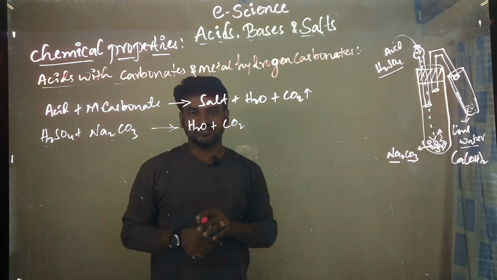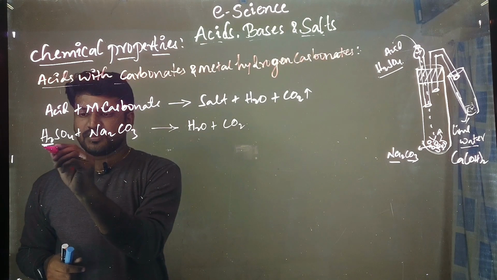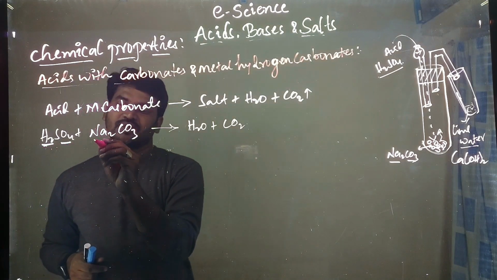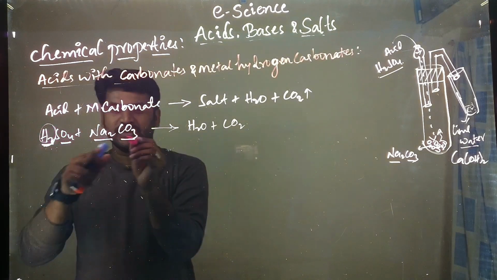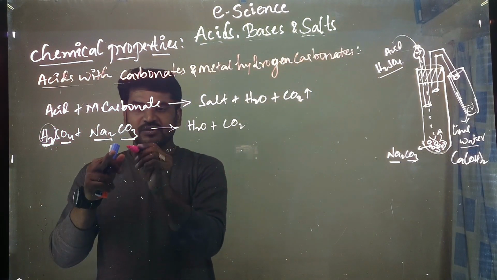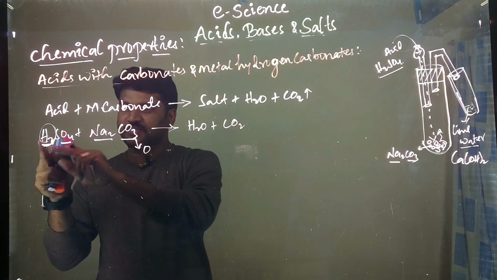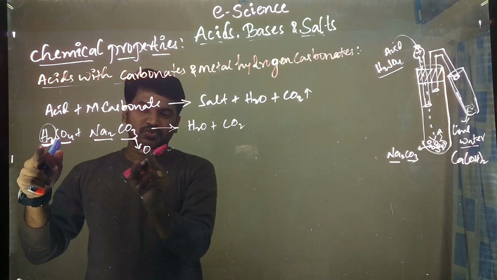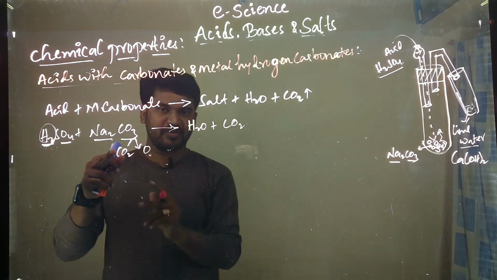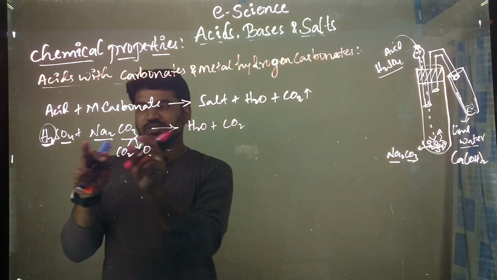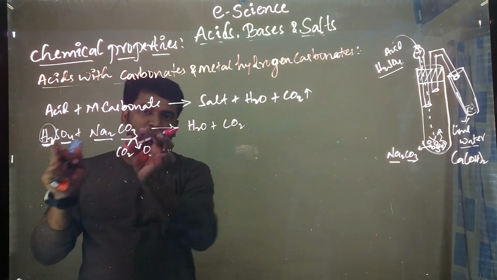So you see here, H2SO4 is there, Na2CO3 is there. Okay, so this H2, and from the CO3 one oxygen is taken by the H2, then H2O, then here what will remain? CO2 will remain. That means this H2 and CO3, they both are coming out.